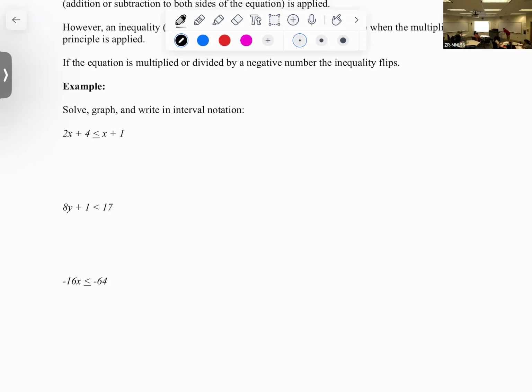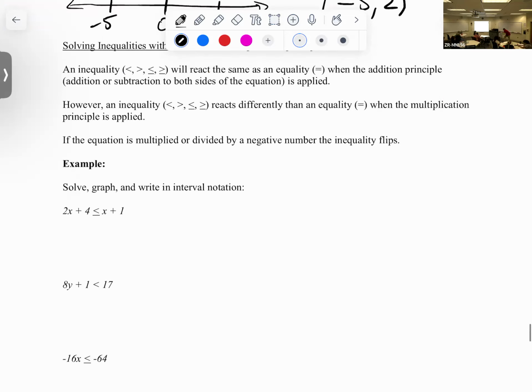So the fun part then becomes when we go to solve these problems, sometimes we've got to do a couple steps first. Inequalities follow all the same rules of algebra, except for one big one. When you multiply or divide, and remember division is just multiplying by a fraction, 1 over a number.